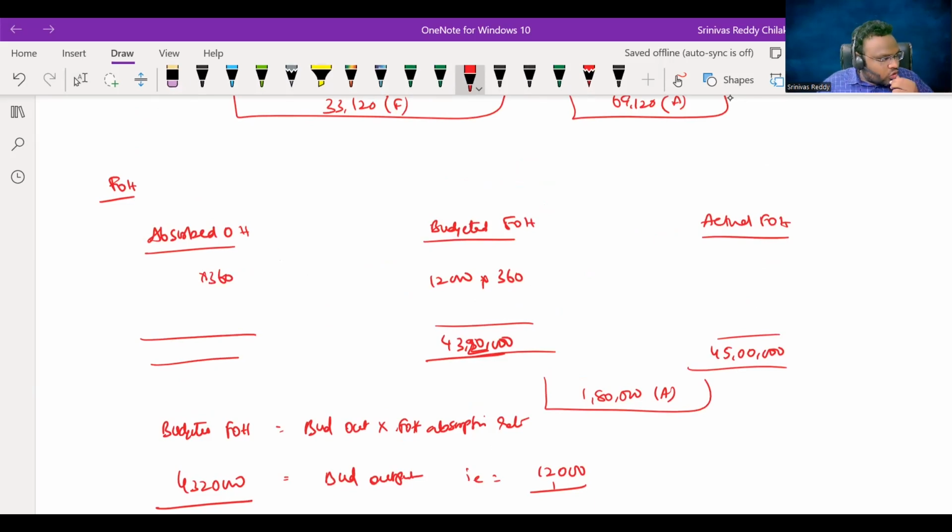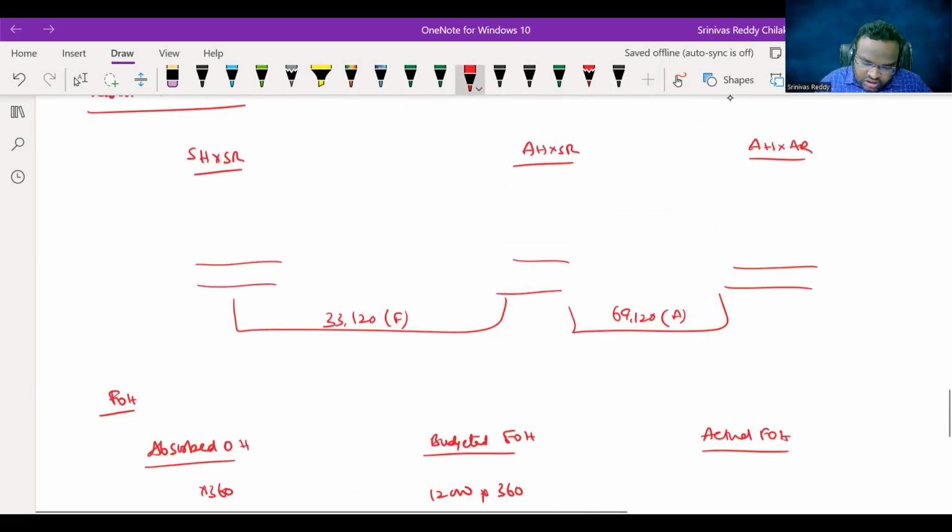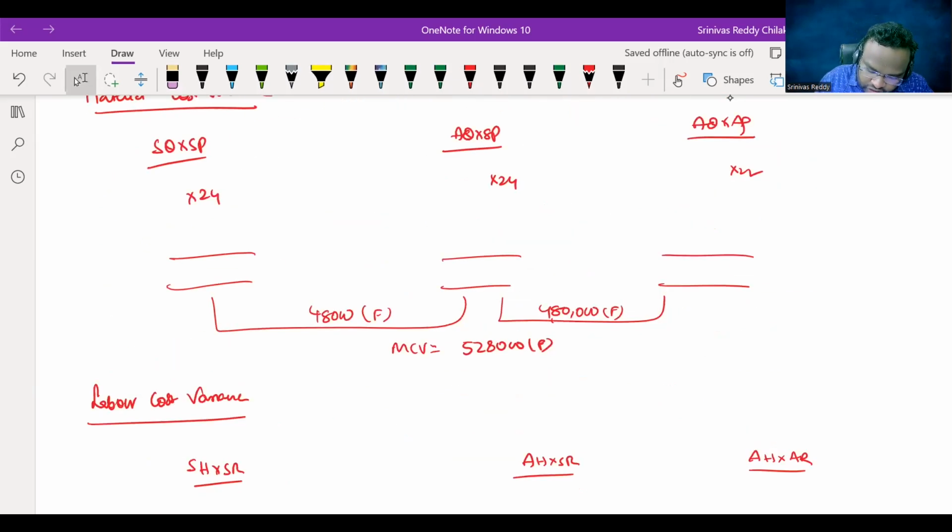What is the next one? Quantity of raw material purchased in kilograms. Here, how will you get material price variance? Material price variance is standard price minus actual price into actual quantity.